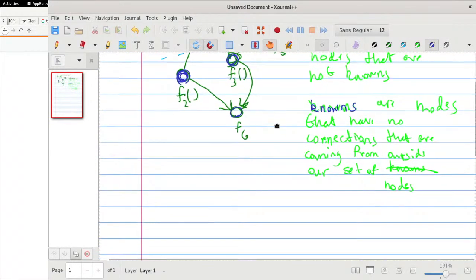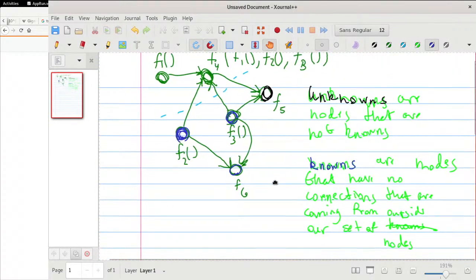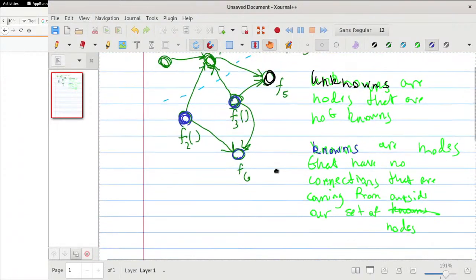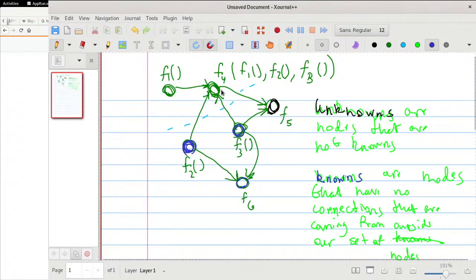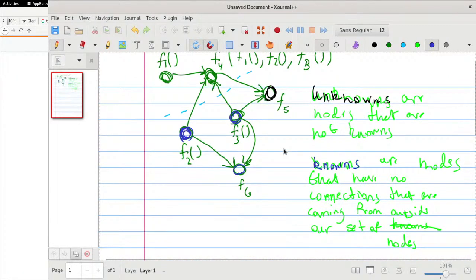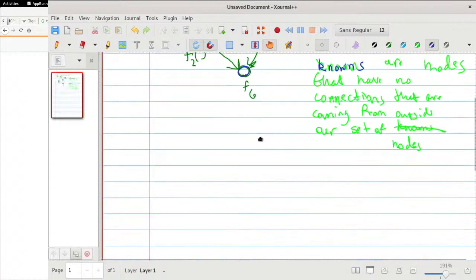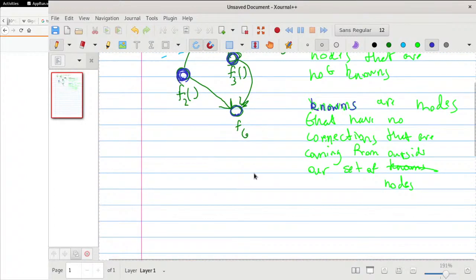The thing to do next is to think about, when we're partitioning a graph of operations, what properties do we want our partitions to have? Basically, we need to maximize the degree of knowns.